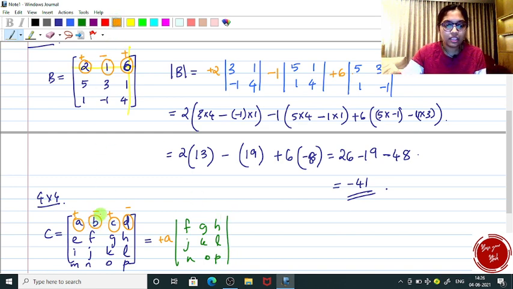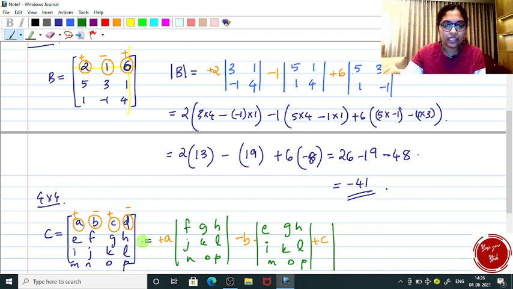And the next step is negative B into, when I cut off this row and column, I get E, G, H, I, K, L, M, O, P. Then positive C into, write down the remaining submatrix.